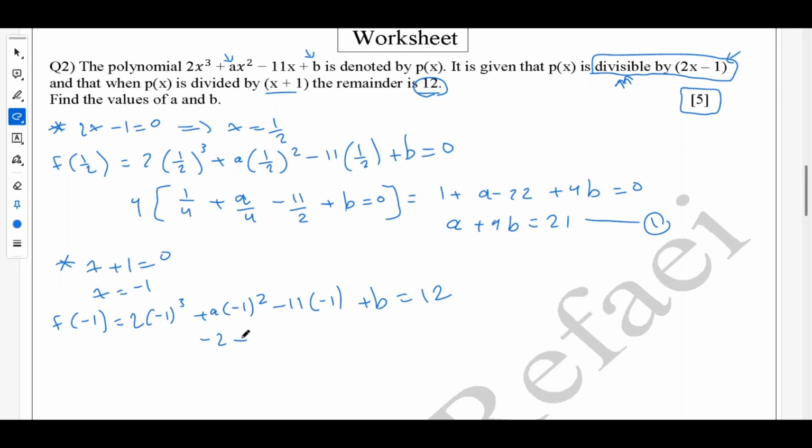Negative 2 plus a plus 11 plus b equals 12. More simplifying, a plus b equals 3. This is equation 2.